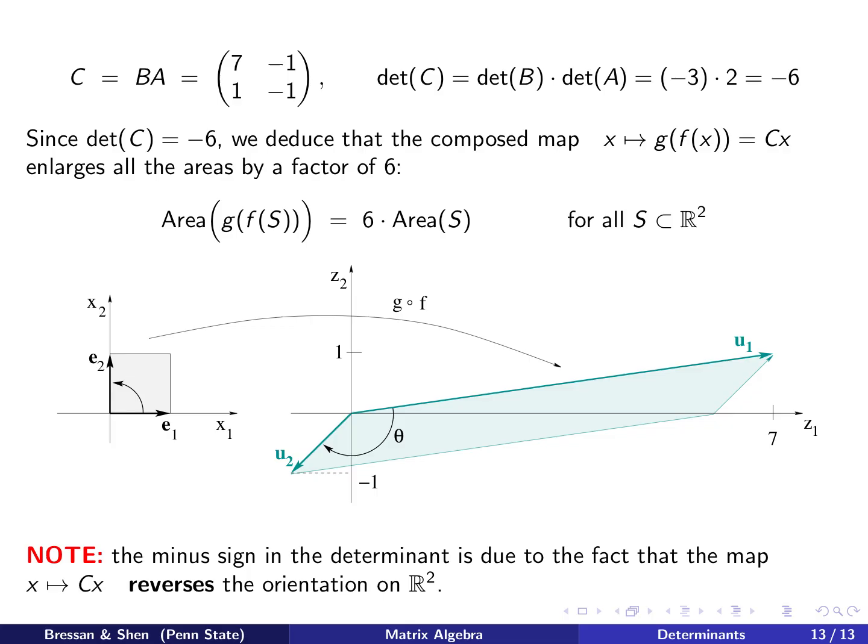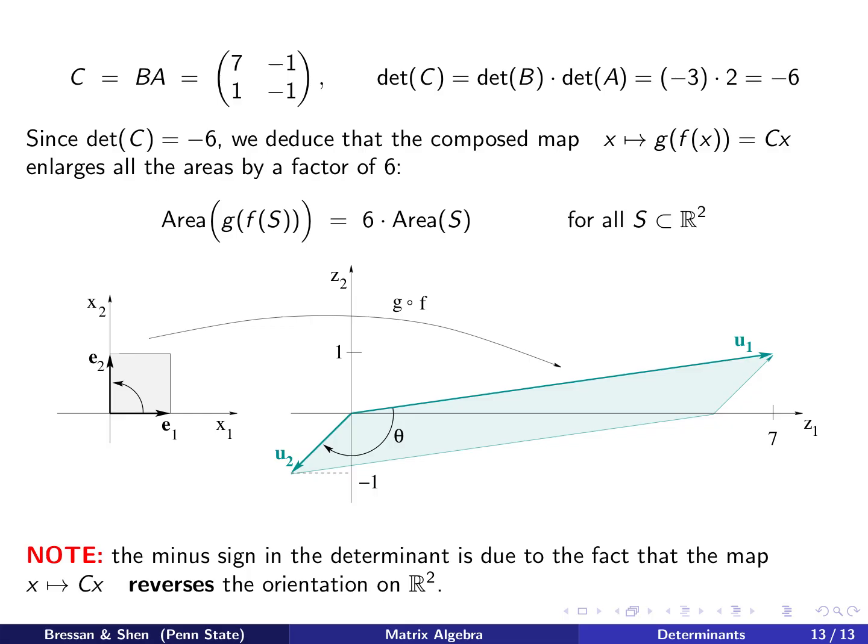Okay, so the composed map from X to G of F of X, which is C of X, will enlarge the area by a factor of 6, which is the absolute value of the determinant. So we can conclude the area of the image of the composed map is 6 times the area of the original region here.